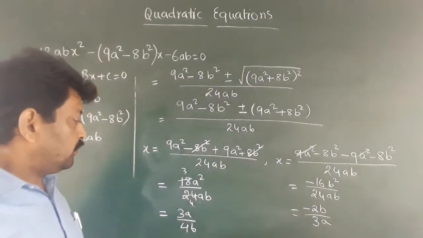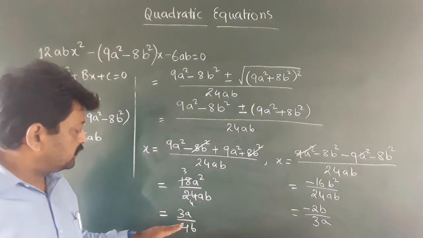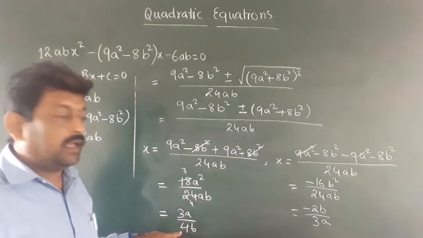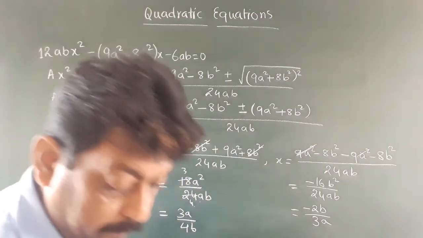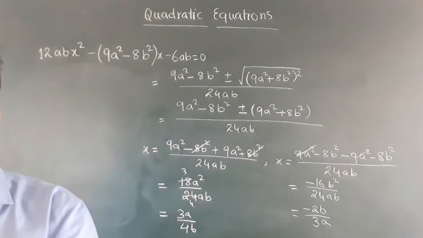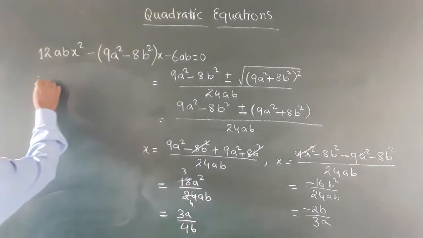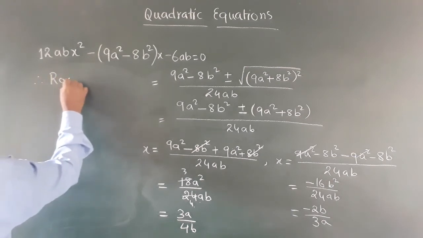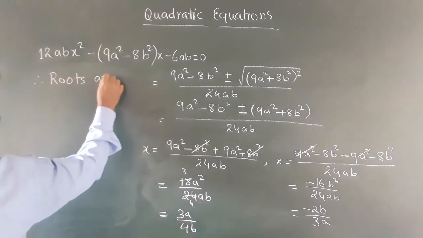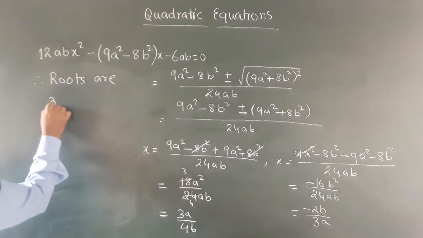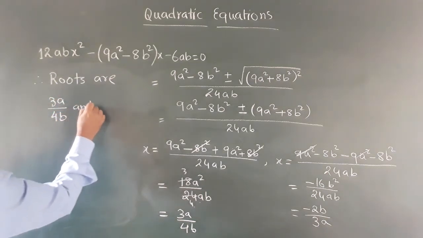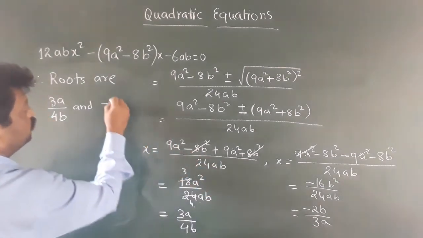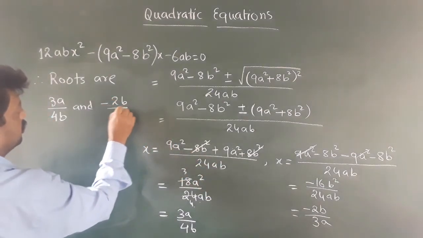So we have got two values of x, that is 3a upon 4b and minus 2b upon 3a. Therefore, roots are 3a upon 4b and minus 2b upon 3a.